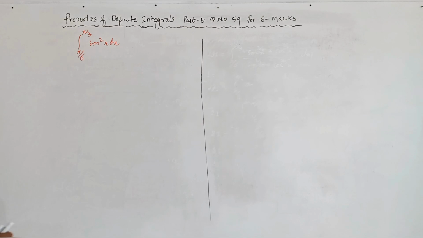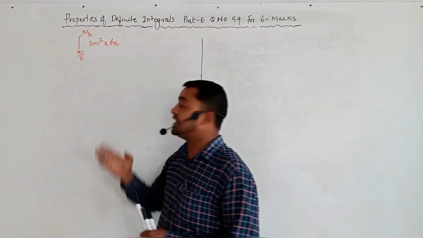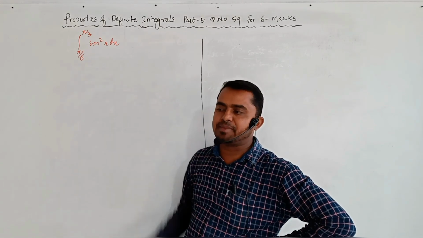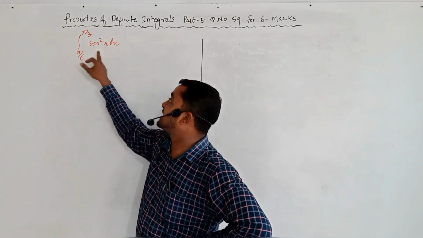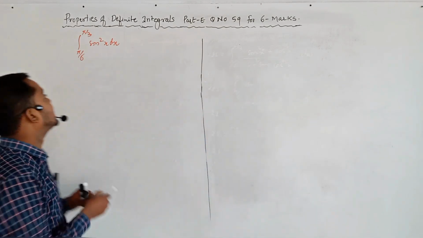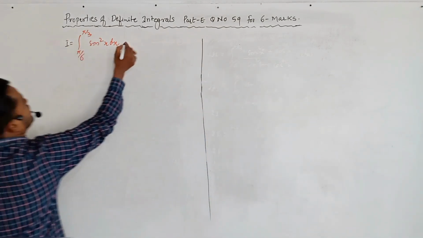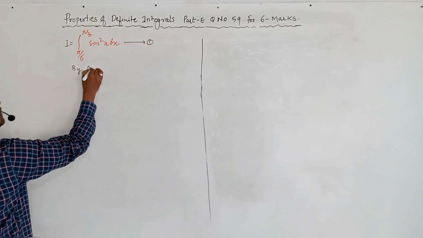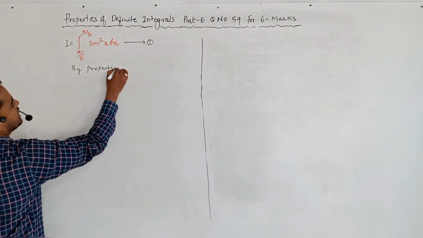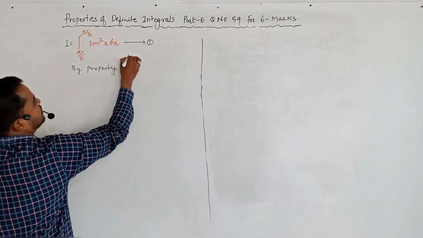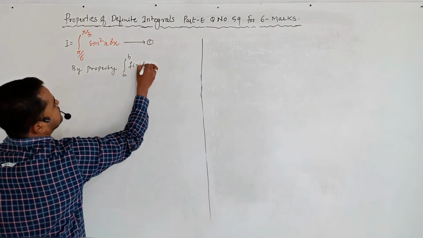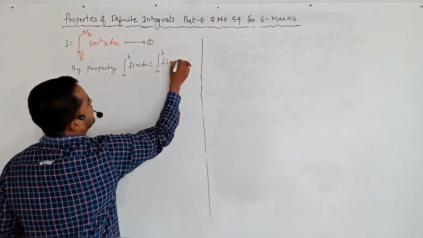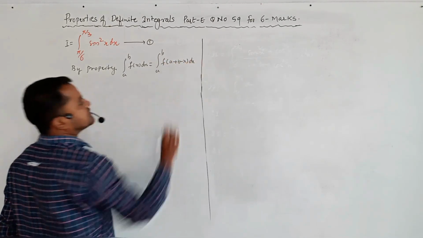Next problem: evaluate the integral from 5π/6 to 5π/3. It will also be asked based on the a plus b minus x property: the integral from 5π/6 to 5π/3 of sin^2 x dx. First, this is I, call this equation 1. By the property, the integration of a to b of f(x) dx is equal to the integration of a to b of f(a plus b minus x) dx.